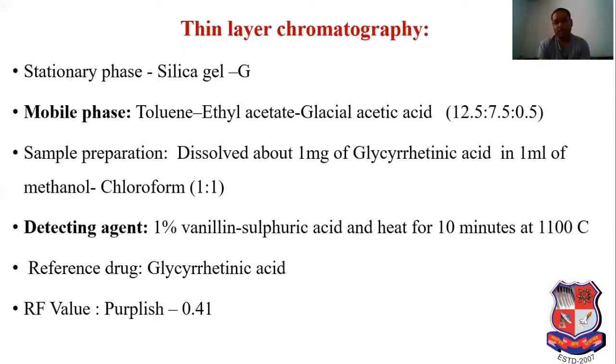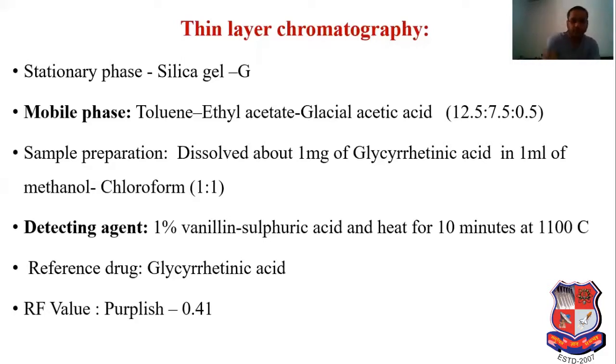Then we compare the spot of the standard and the sample. If both spots are at the same Rf, then we can say that our extract contains glycyrrhetinic acid, or whatever spot we got is glycyrrhetinic acid. The Rf value should be 0.41 and the spot color should be purplish. So by thin layer chromatography we can analyze our glycyrrhetinic acid by comparing with the standard.